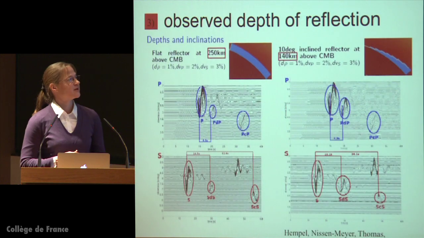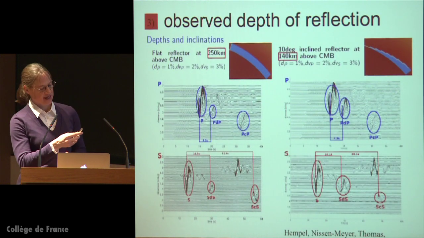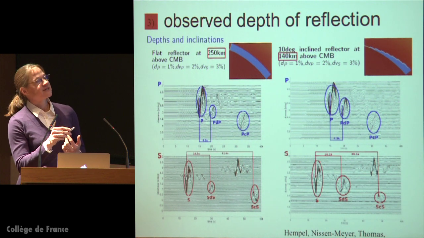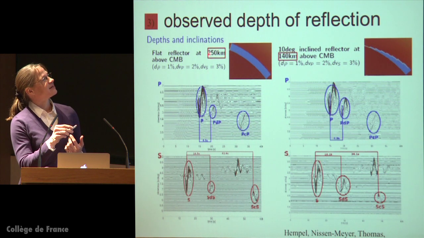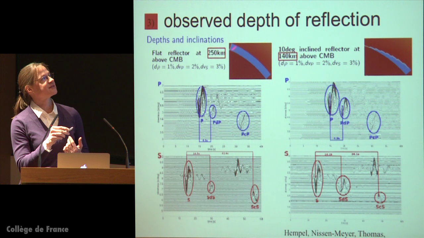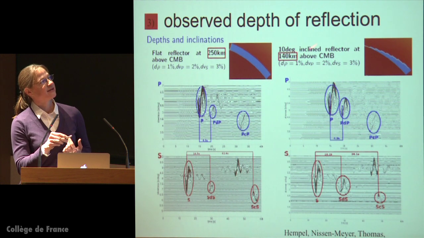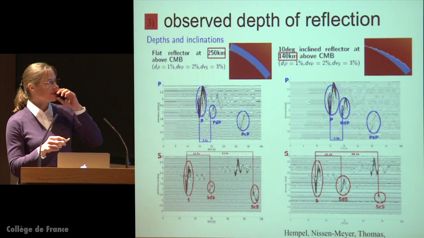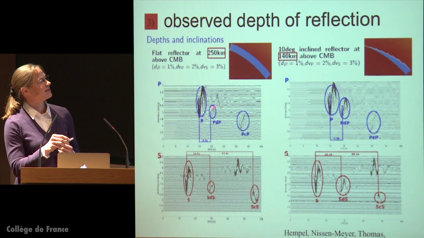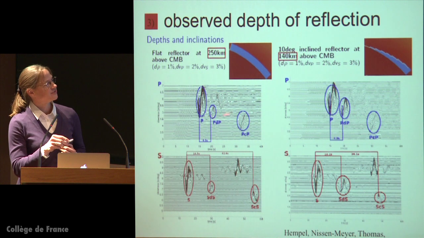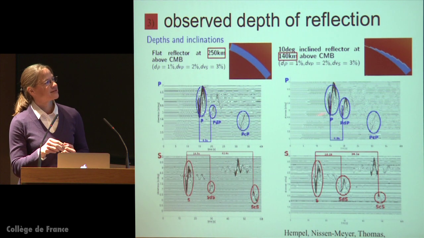But recent work by one of my students shows, this is 2.5D modeling, that if we have a flat reflector at 250 kilometers above the core mantle boundary, and then we have a 10-degree inclined reflector at 140 kilometers above the core mantle boundary, then the travel time and slowness of the reflection of D double prime is actually the same.